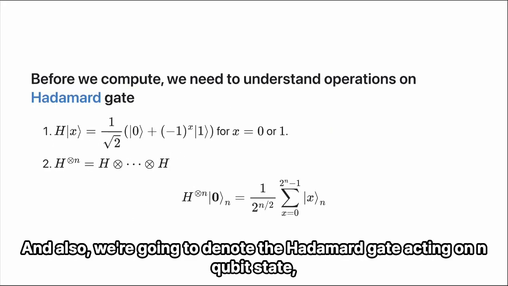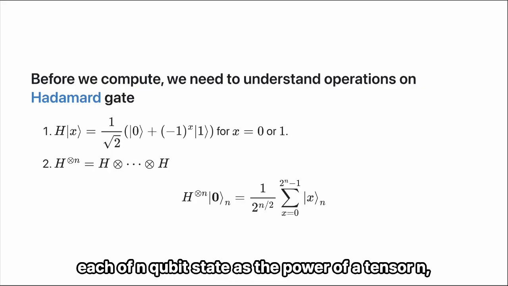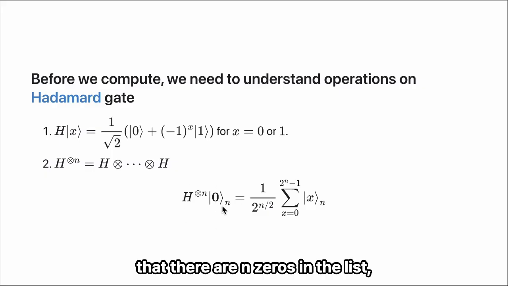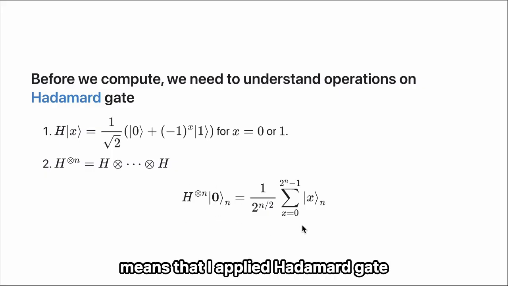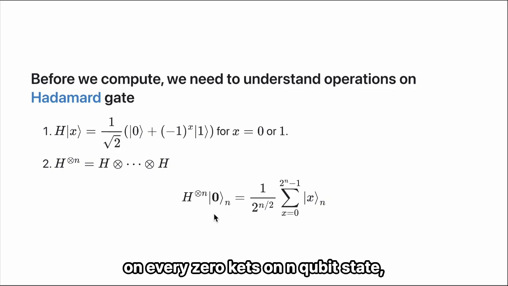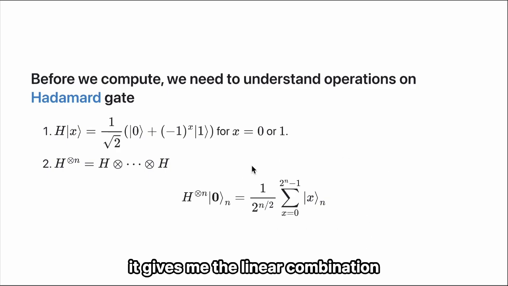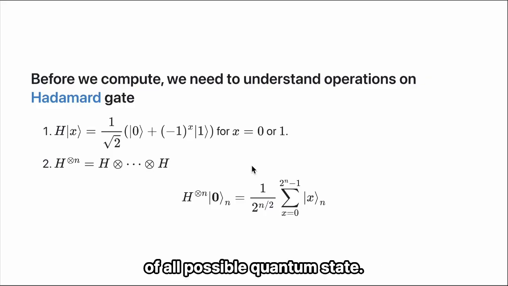Also, we denote the Hadamard gate acting on each of n qubits as H to the power of tensor n. So 0 to the n means that there are n zeros in the list, and I apply the Hadamard gate on every 0 of the n-qubit state. What happens is it gives me the linear combination of all possible quantum states.